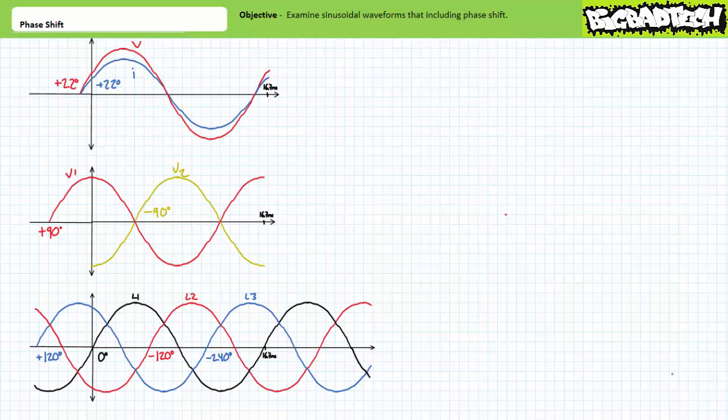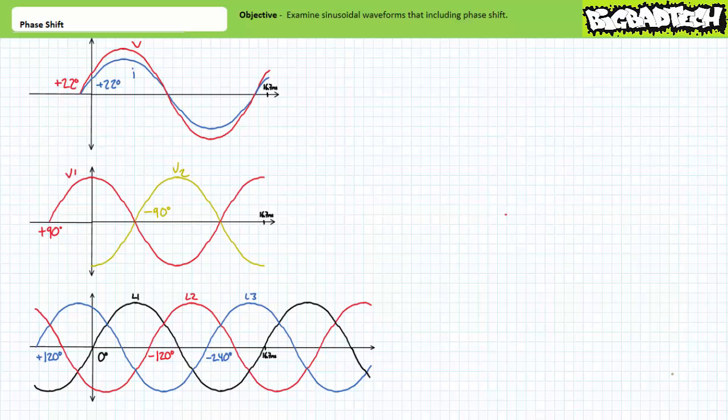What's the relative phase shift between them? The answer is that there is no relative phase shift, since they've both got a phase shift of positive 22 degrees. Voltage and current simultaneously peak and valley because they are in phase with one another. This is characteristic of purely resistive elements.